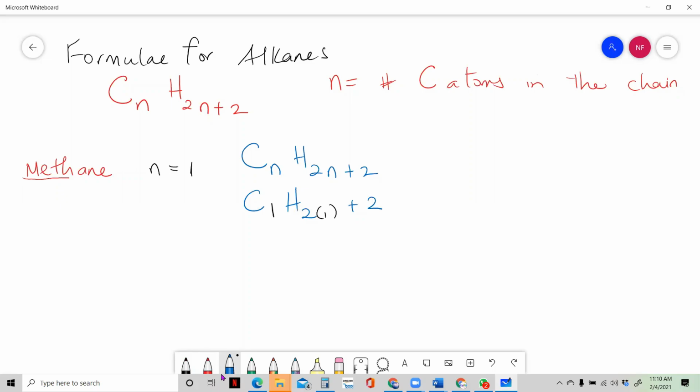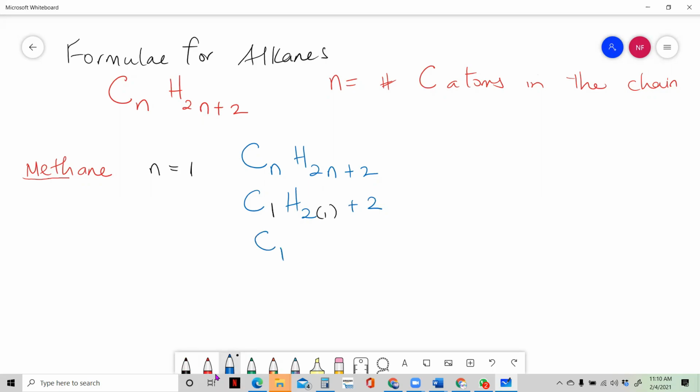All right, I'm going to pause a second for you to see what is happening here. This was my general formula, CnH2n+2. N now has a number, it's 1. I'm going to substitute 1 wherever I see N. Now what would be my overall formula for methane?